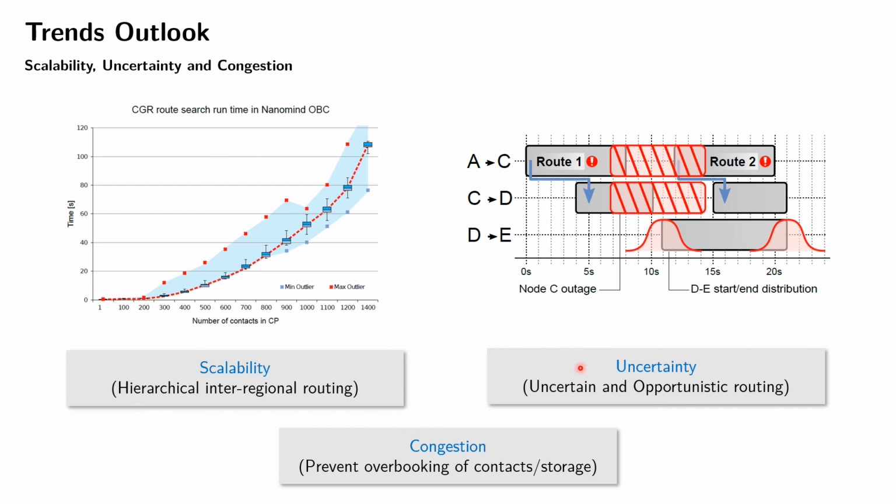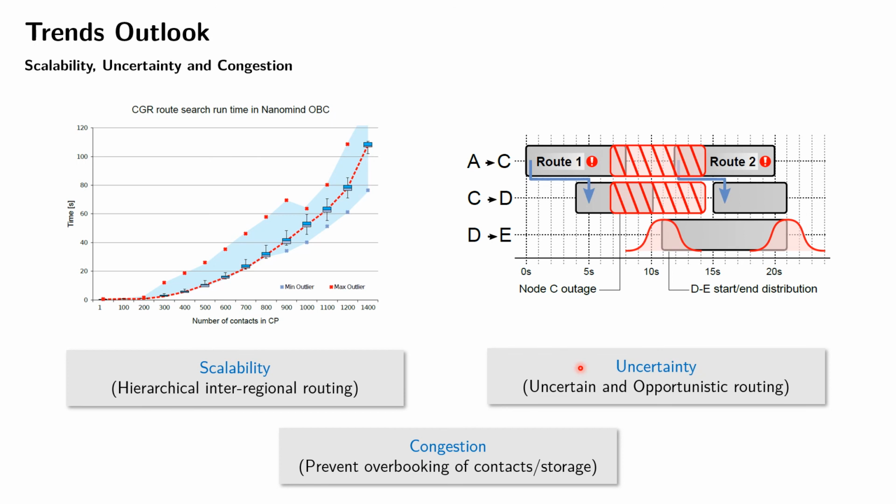Secondly, uncertainty is also a big topic in contact graph routing computations because, as we all know, plans are not perfect. So the contact plan we construct at the very beginning of the concept of operations might just not be perfect, and is sometimes inaccurate. And also nodes fail in unexpected ways, which breaks all the assumptions on which we are constructing the routes that we have mentioned before.